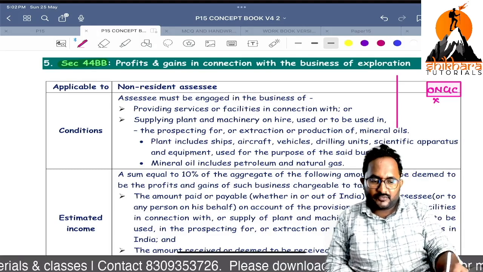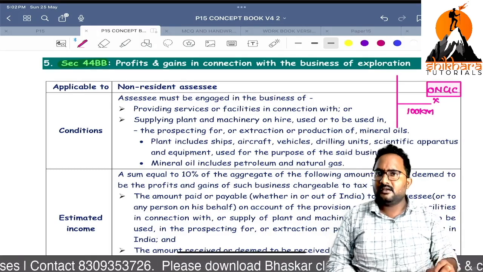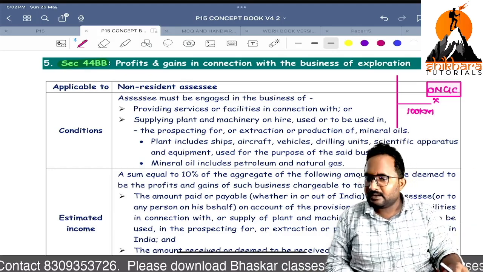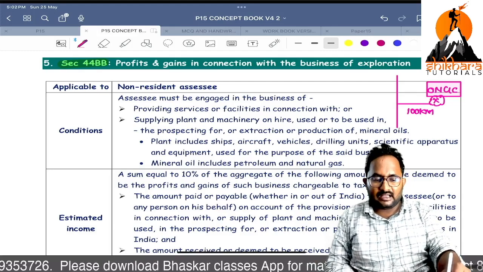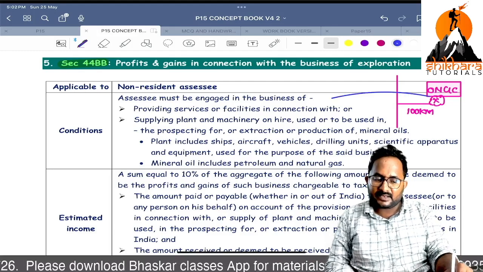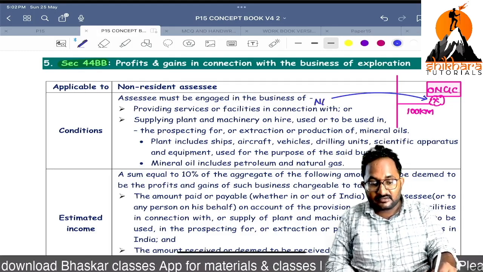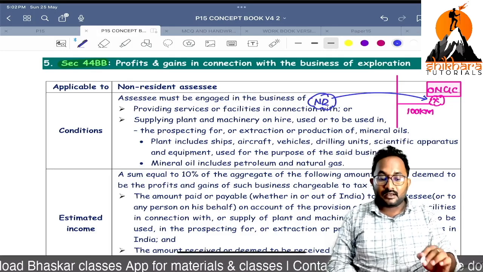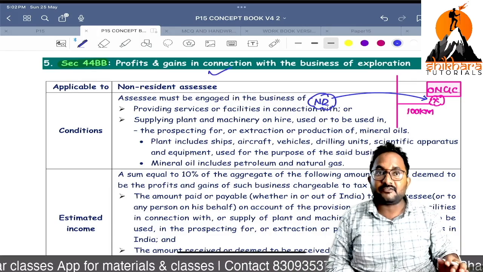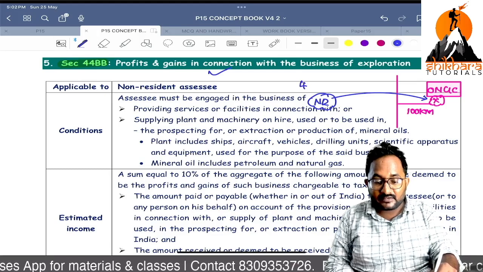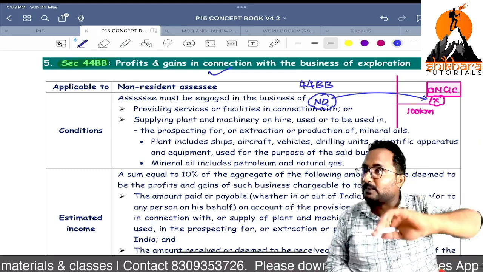So definitely this is 100 to 200 kilometers far away from the port, etc. But many workers are working in this area. How are they getting the food supply, or any other machineries, or anything that can be supplied by whom? Some non-resident companies. Remember, profits and gains are in connection with the business of exploration. Now we are applying section 44BB for this non-resident, not those who are doing the exploration.